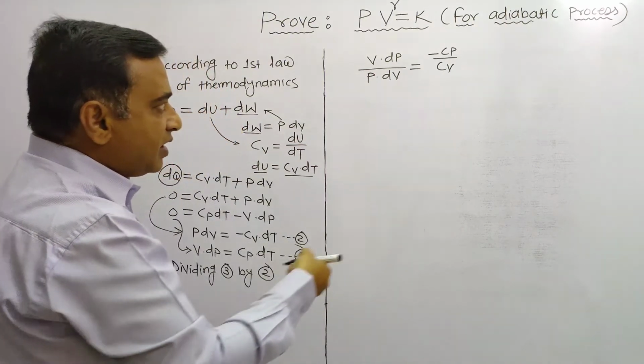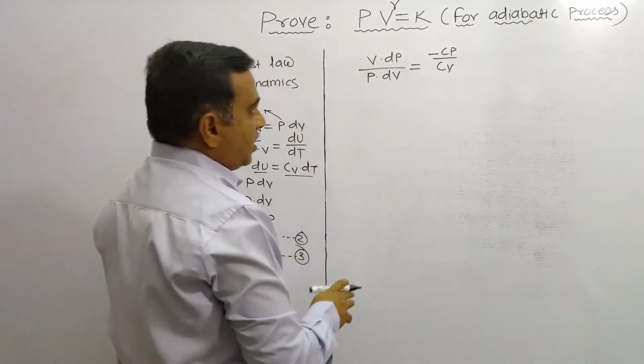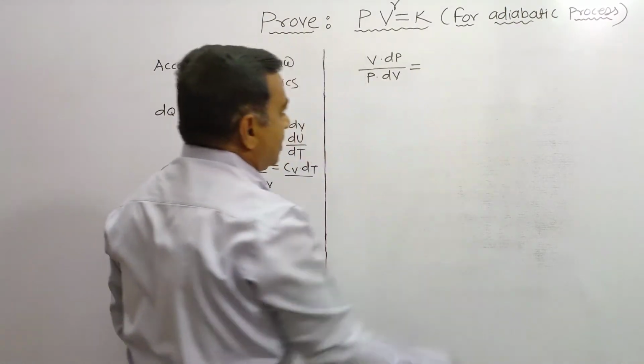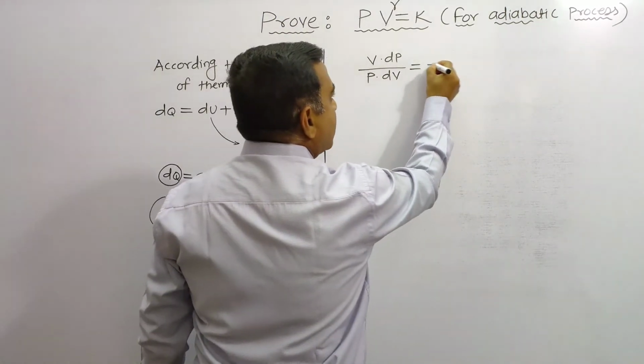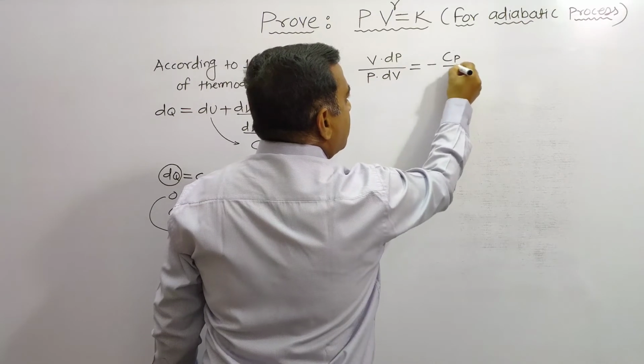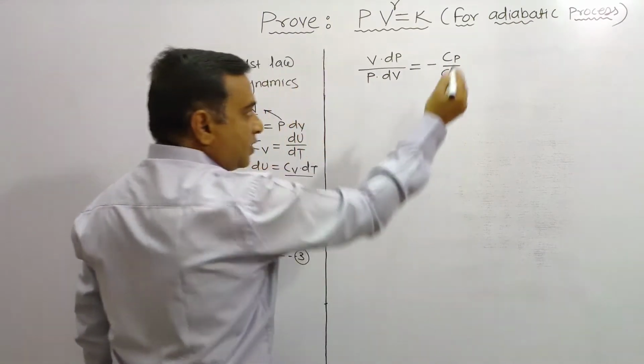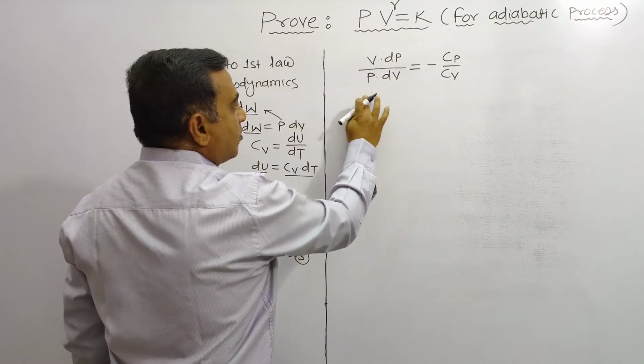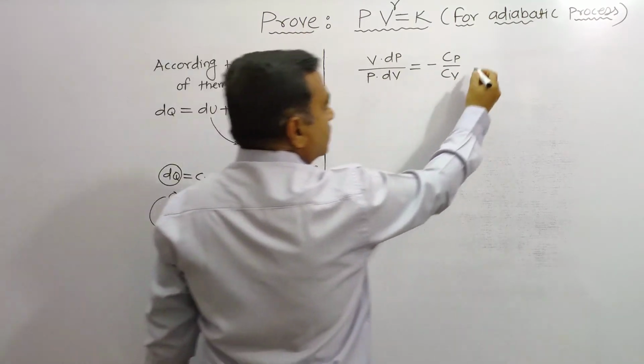Delta T gets cancelled. Here it is, I am going to write correctly: equal to minus Cp upon Cv. dT gets cancelled. Rearranging the equation.